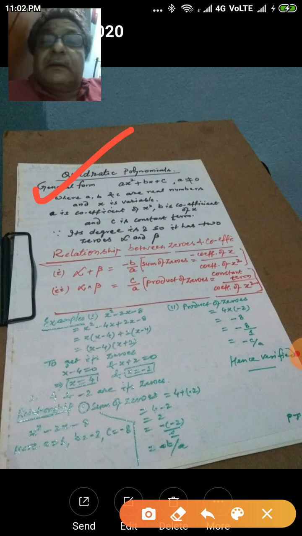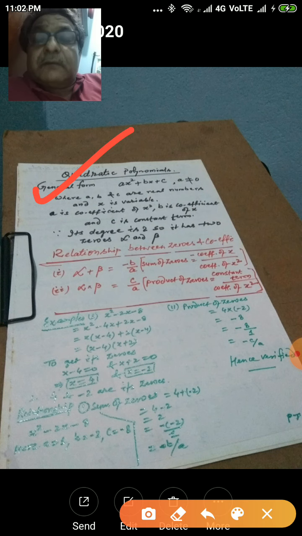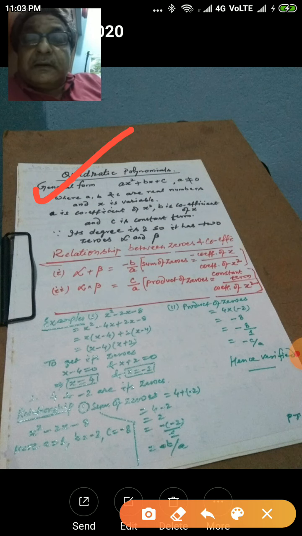That's why here the condition is given a is not equal to 0. But such conditions for b and c are not given, which clearly indicates that b and c may be 0, may not be 0, but a can't be 0.